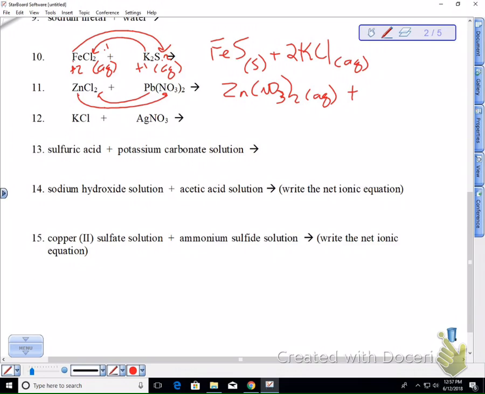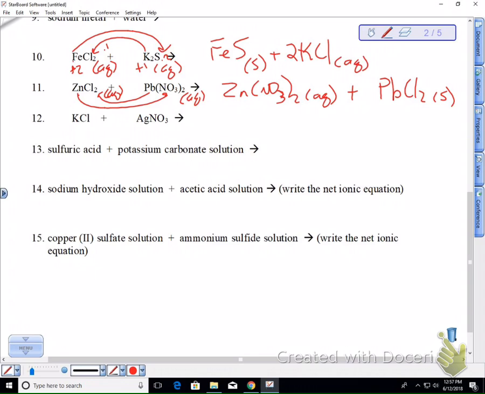That's +2 on the right, chloride's -1, so this is going to be PbCl2. Another ionic compound. Is it soluble? The answer is no, because Pb is a bad guy. So there's our driving force. All right, so let's go ahead and make these aqueous. And then I believe we're balanced on this one already.